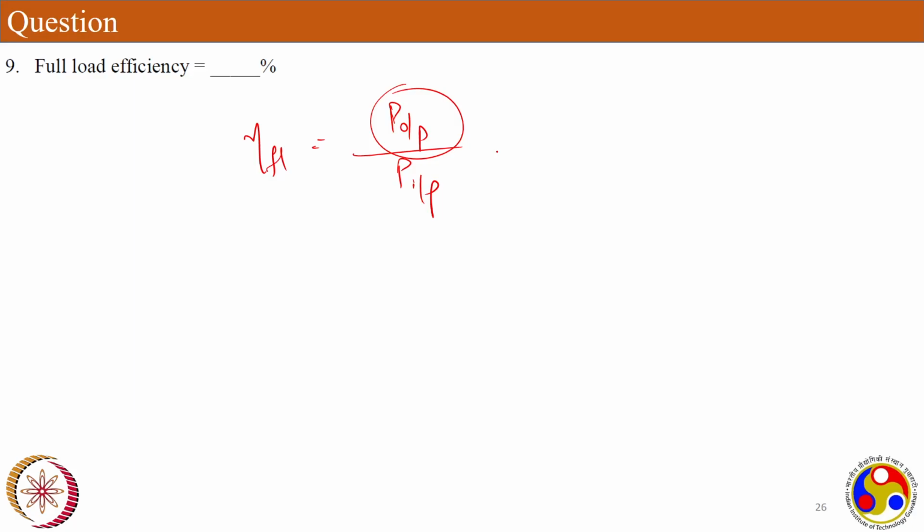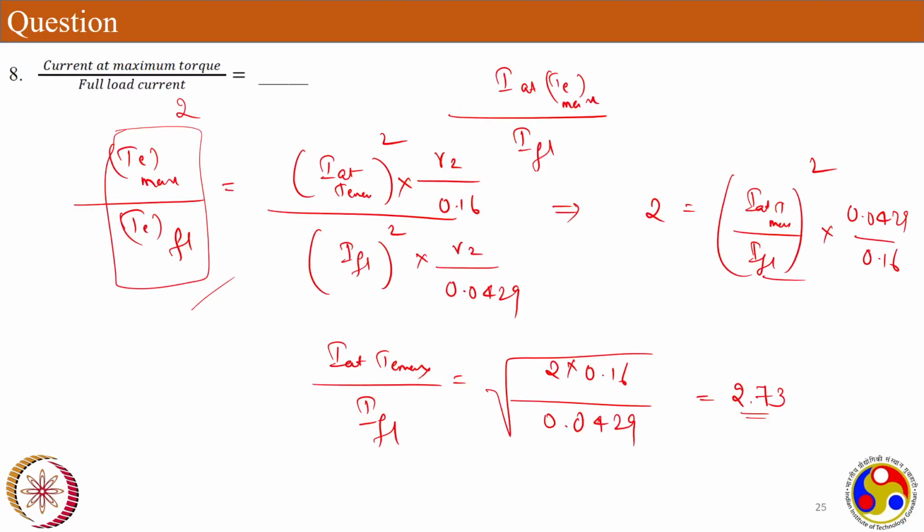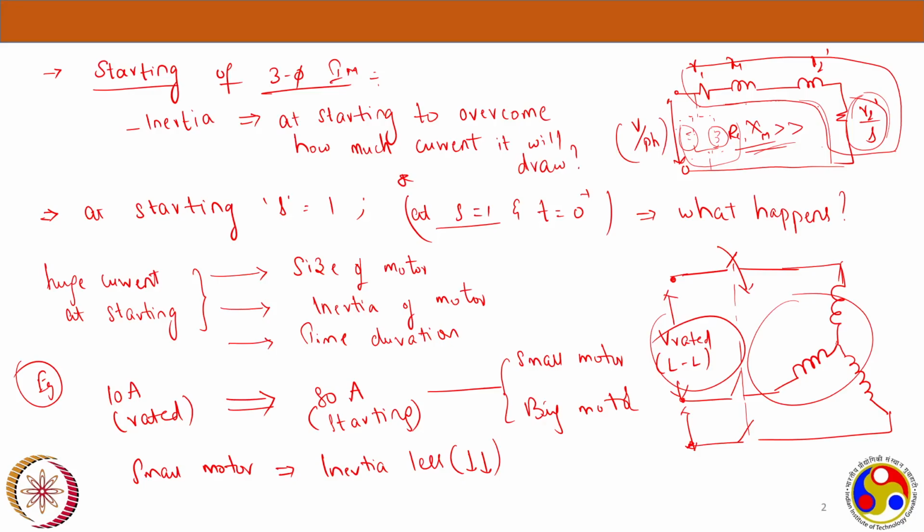Here we will be ending our discussion. But let's have a quick recap of the concepts we have discussed today. We started our discussion with a very important concept, the starting of a three-phase induction motor, and why the starting of an induction motor is important to understand.